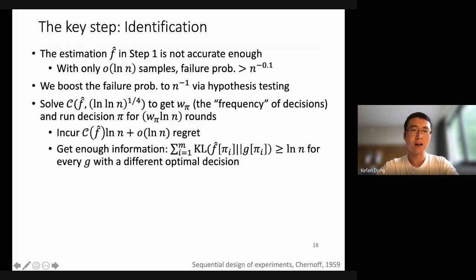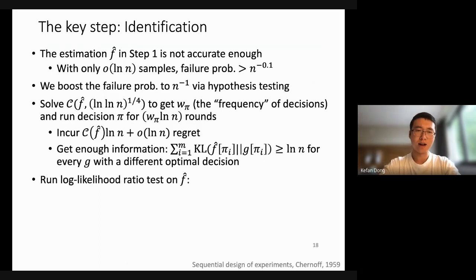And meanwhile, we also get enough information, in the sense that the KL divergence between f hat and g is larger than log n for every g with a different optimal decision. This is guaranteed by the definition of our optimization problem. Now, with all the samples we collected, we can run the log likelihood ratio test on f hat.